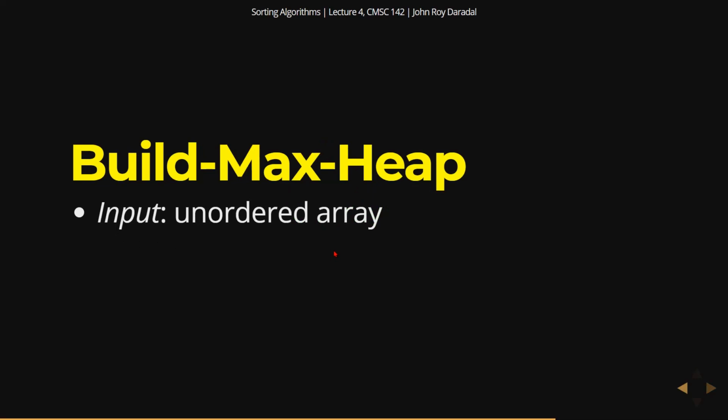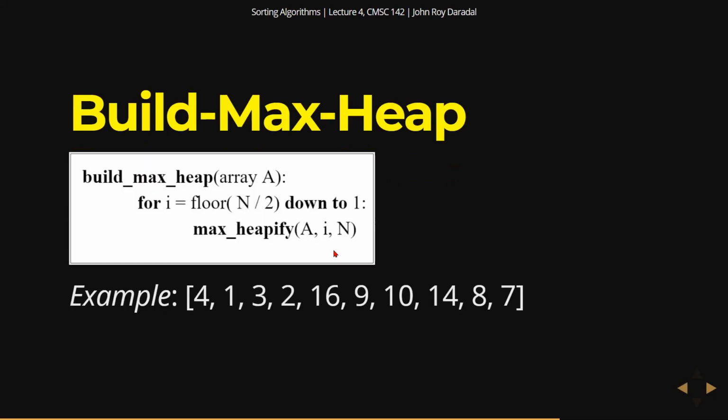Now, we'll use max heapify in build max heap. The input is an unordered array, and the output is the heapified array. What we'll do is call max heapify from n over 2 down to 1.